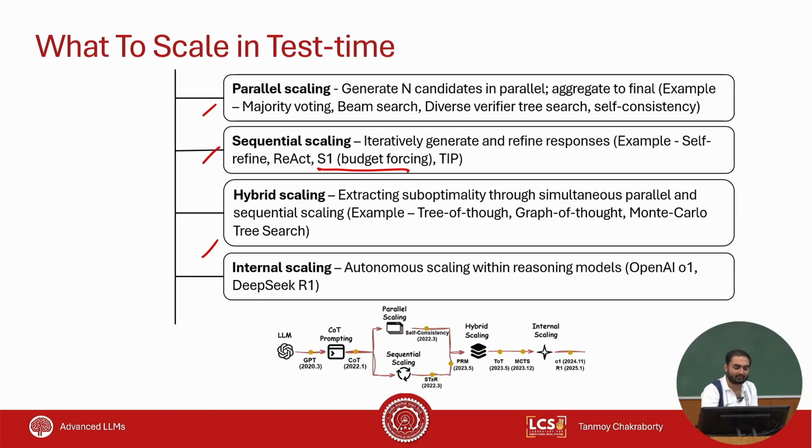And then there came this new kind of method called internal scaling. Mostly all these other methods are prompt-based approaches. You write innovative prompts and let the model follow those prompts. But in internal scaling, you have some sort of RL loop which decides how long one should think, or where one should stop, self-refinement and all these strategies.